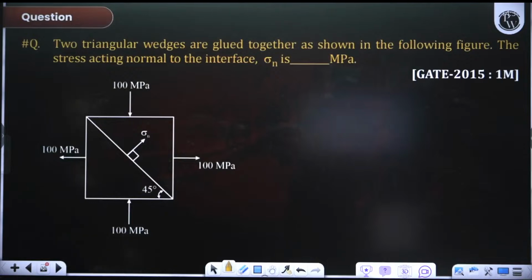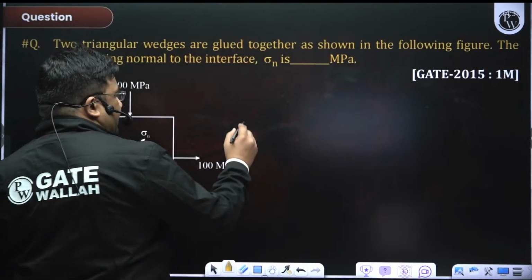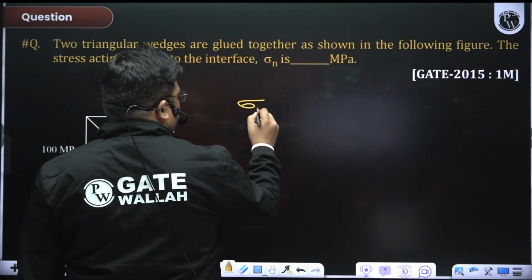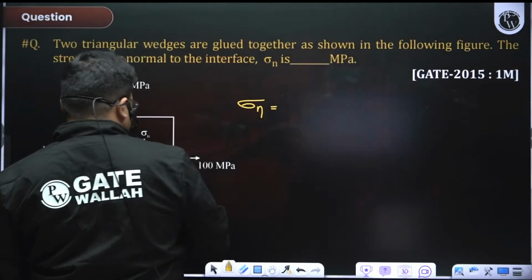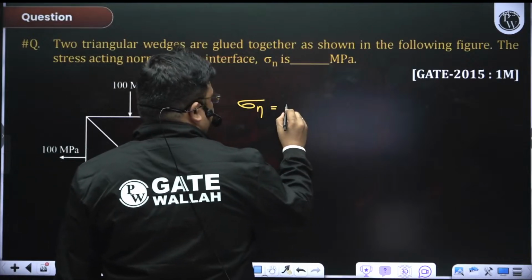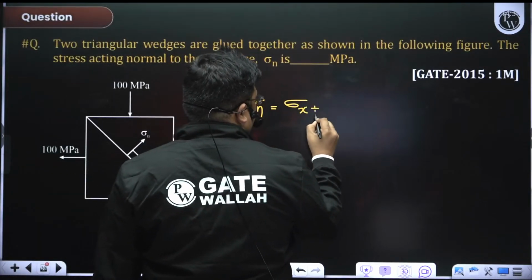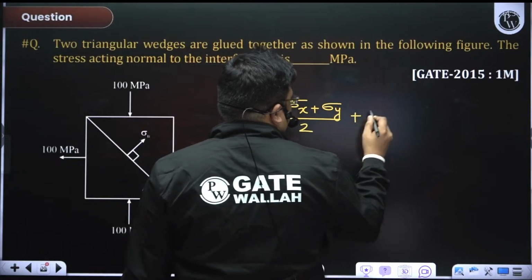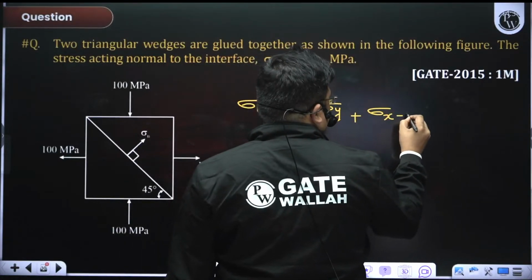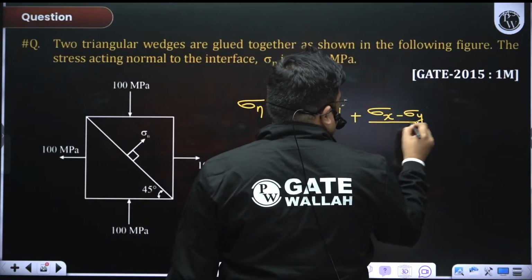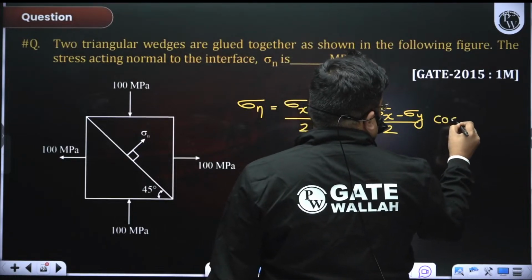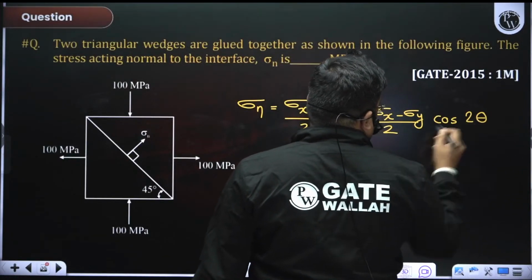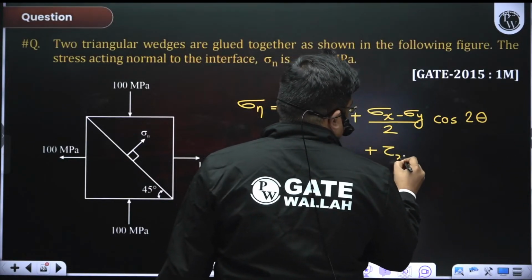0, yes. Now you see here, we know the formula for normal stress on any plane at angle theta. What is the formula for normal stress? It is sigma x plus sigma y divided by 2 plus sigma x minus sigma y divided by 2 cos 2 theta plus tau xy sin 2 theta.